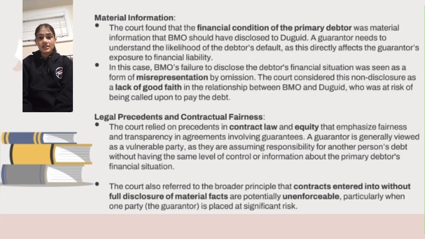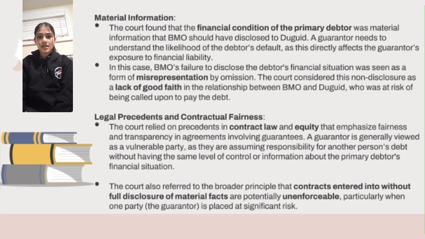Next, the material information. The court found that the financial condition of the primary debtor was material information that BMO should have disclosed to Duguid. A guarantor needs to understand the likelihood of the debtor's default as it directly affects the guarantor's exposure to financial liability.